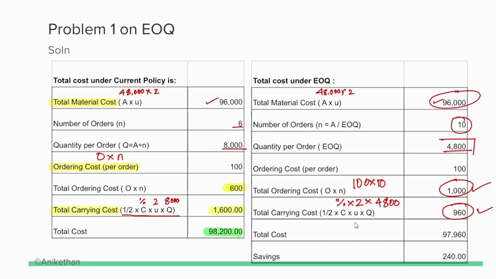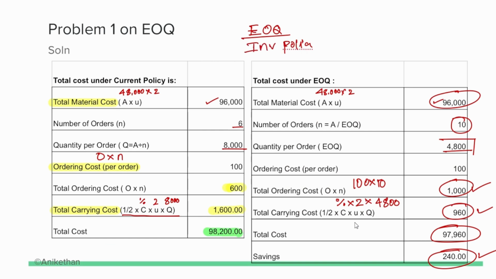When I add all of that, I will get a total cost of 97,960. So if there is a saving, mention that, or if it is an excess, mention that. Based on these, after analyzing the problem, you recommend whether it is beneficial to go with EOQ or with the existing inventory policy.